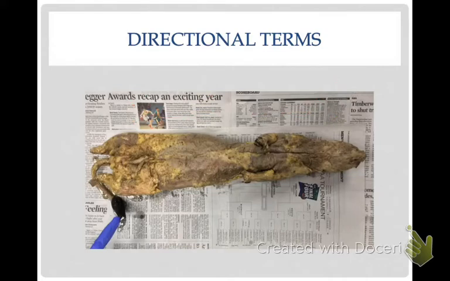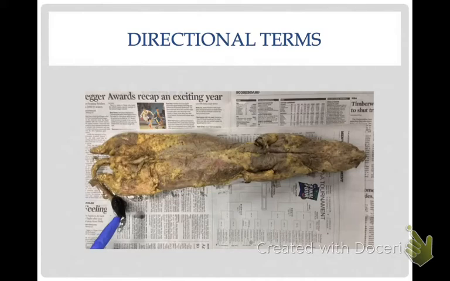Next, we'll talk about dorsal and ventral. Dorsal refers to the backbone. You can't see the dorsal side on the mink. This actually is a mink that was done, I believe, last year, and this is what they use to label all of their directional terms.